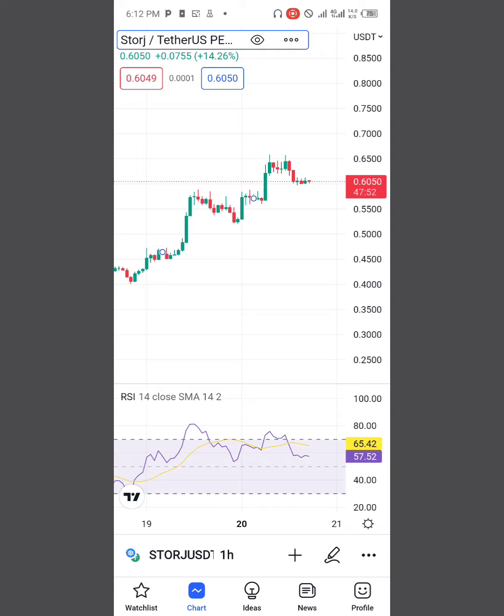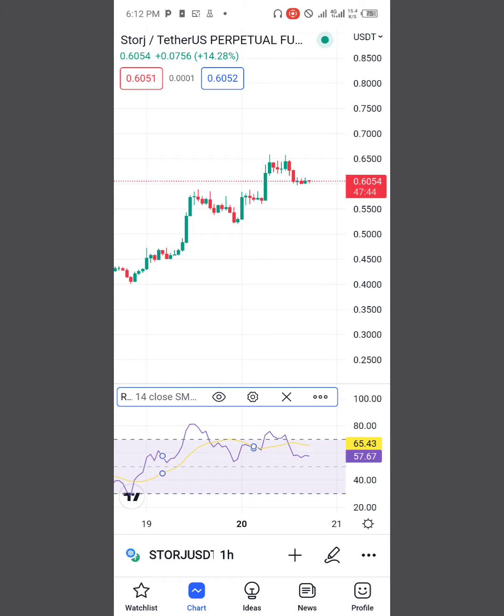But you can see from the RSI, which is the oscillator, you can see the price was actually here, but did not form another higher high. You can see it did not form a higher high, meaning price came here, retraced back here, and stopped here.